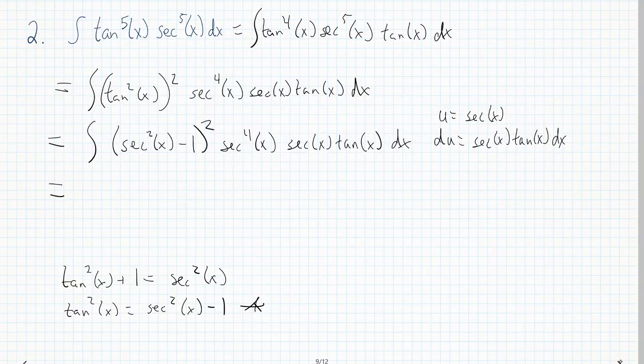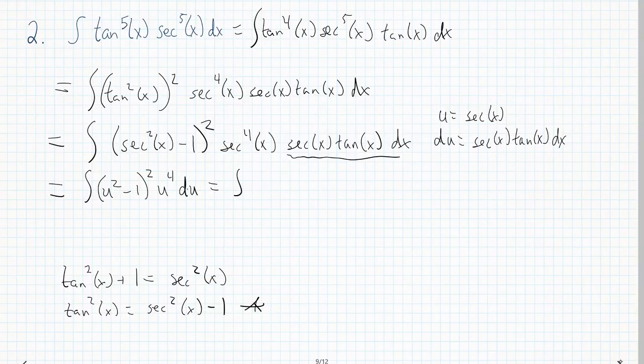Well, if that's the case, notice we now have, this might be a little bit easier for us to work with, u squared minus 1 squared, u to the fourth, and then, rather than dividing it this time, I'll just write it as du. And in order to do this, we're going to need to expand the square.